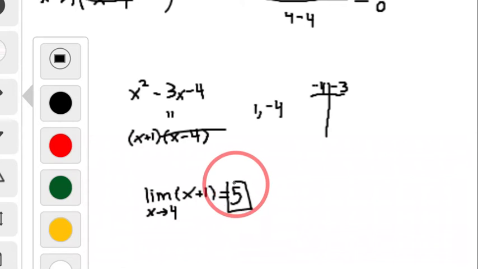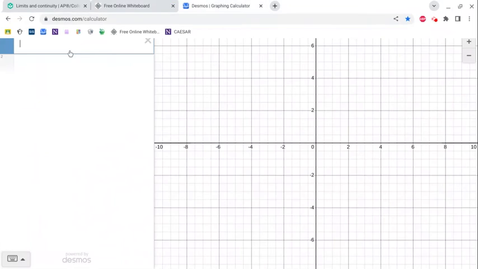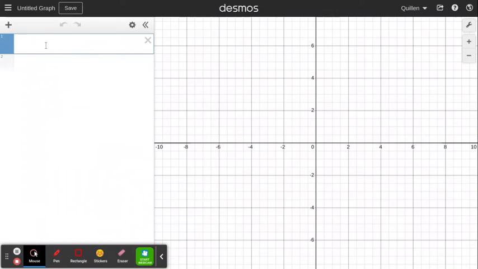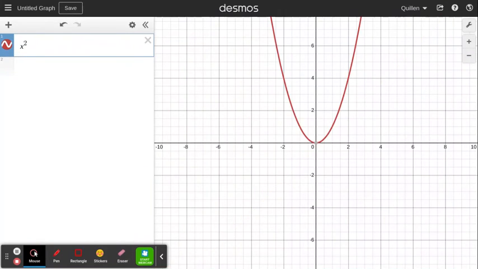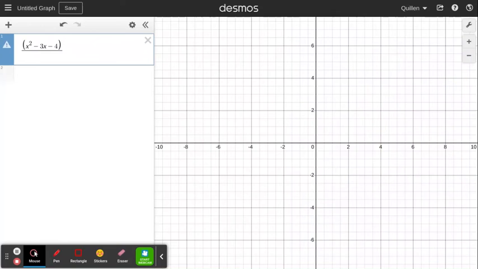There's your final answer. Now, let's check by graphing the function. So we're just going to go over here and type in our original function, x squared minus 3x minus 4 all over x minus 4.